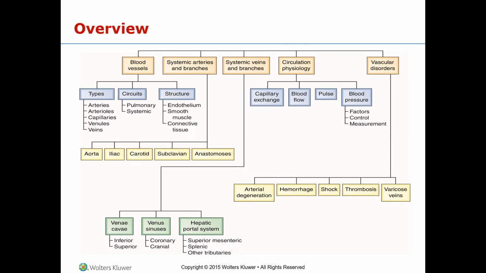I will look at some of the circulation physiology, but most of this I feel pretty confident that you would have received in your EMT or paramedic course or in your nursing courses. So I will be omitting a lot of that.